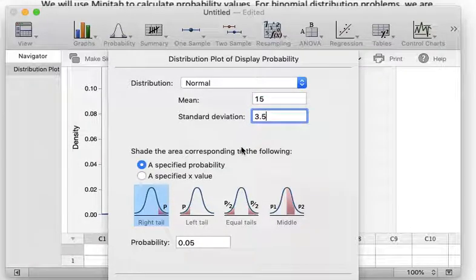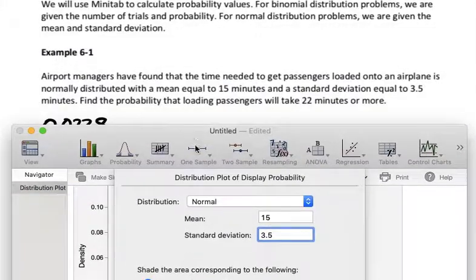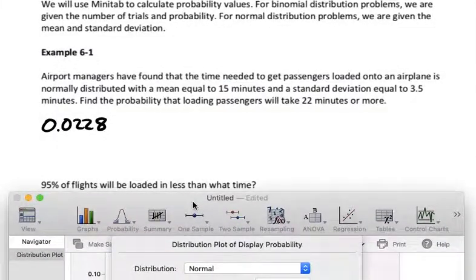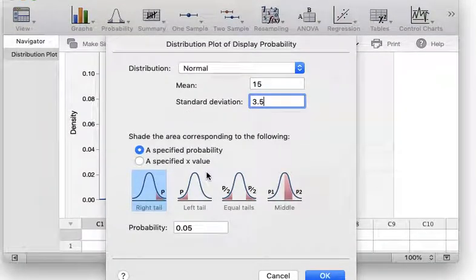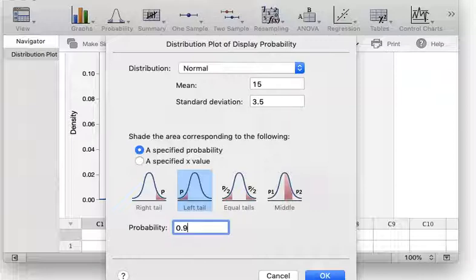Now this time, I'm going to leave it on a specified probability. And I want to know 95% of flights will be loaded in less than what time? So this is going to be a left tail because less than is on the left. And I'm going to change my probability to 0.95. Click OK.